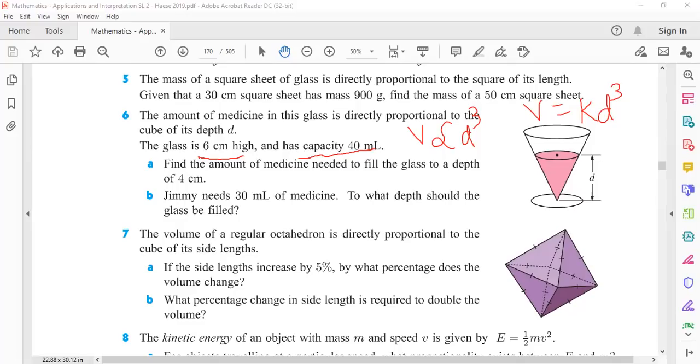Yeah, right. That's the answer. Got it? Because first you have to find K and then you have to do this.